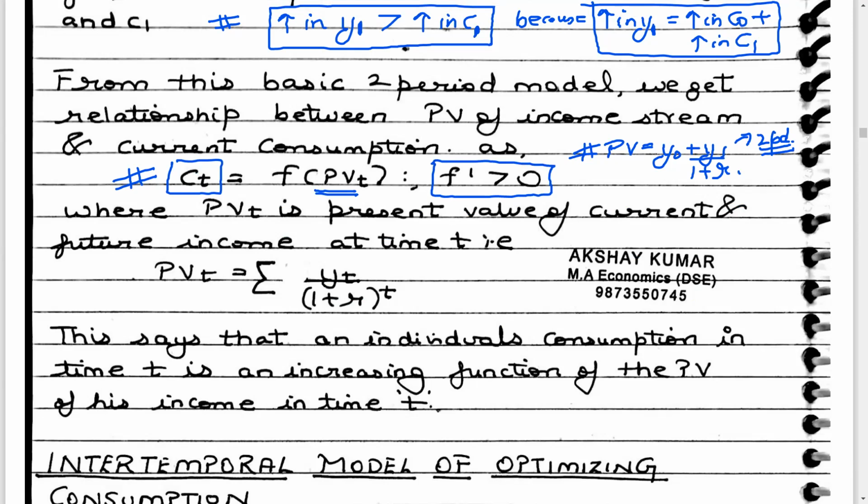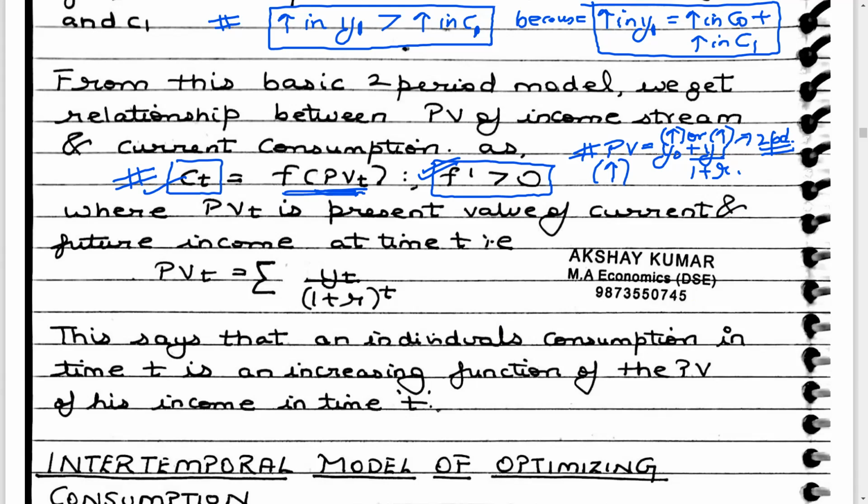That means if the present value of income goes up, now present value of income can go up either because of an increase in y0 or because of an increase in y1. An increase in y0 or an increase in y1 will cause the present value of income to go up. And consumption is an increasing function of the present value of income.